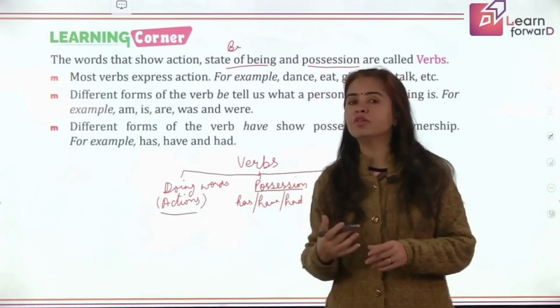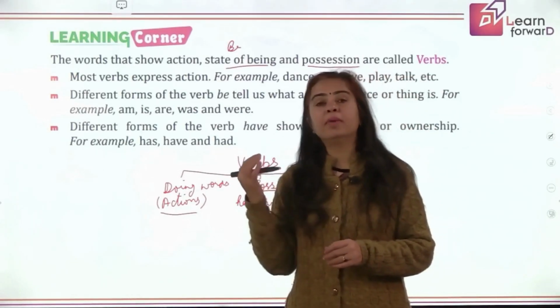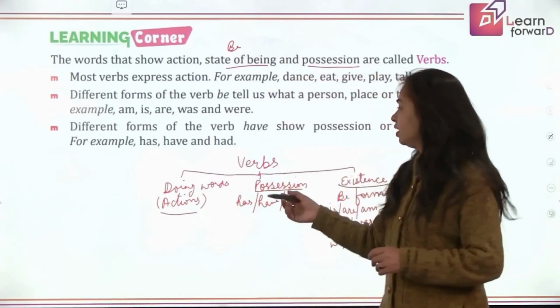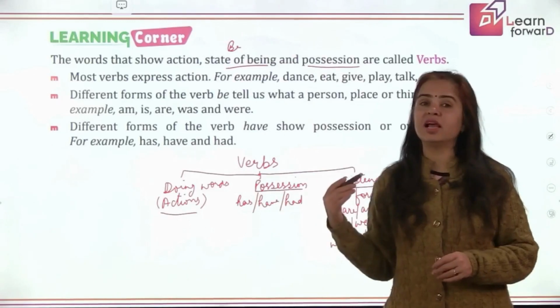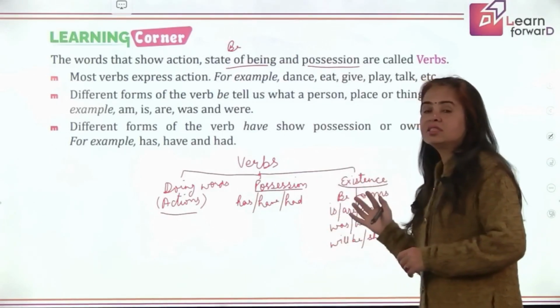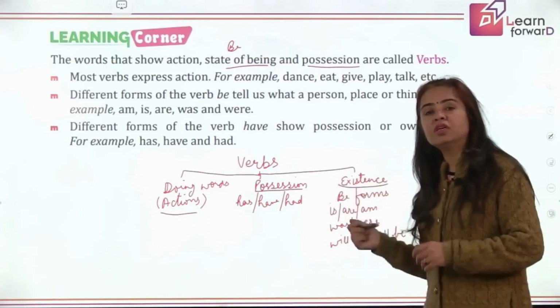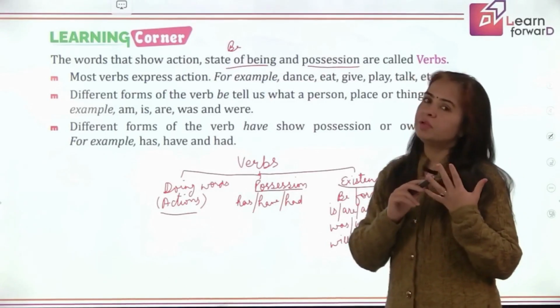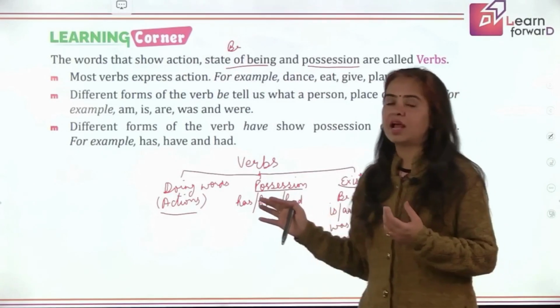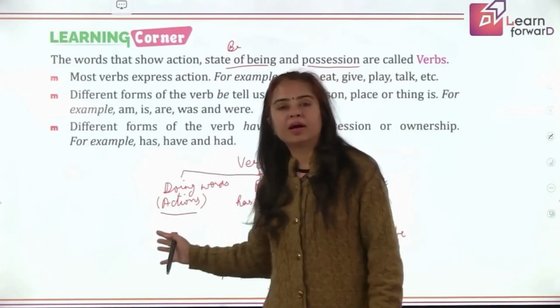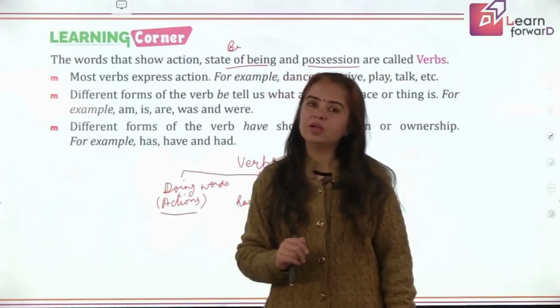But apart from that, we have possession from the words has, have, had, will have, shall have, and existence, the state of being, from the words is, are, am, was, were, will be, and shall be. So these are specified, and all other words that show action come under the category of doing words, actions.